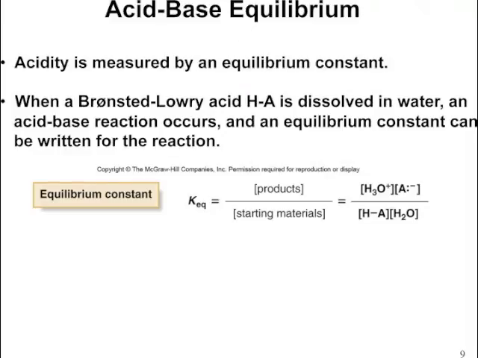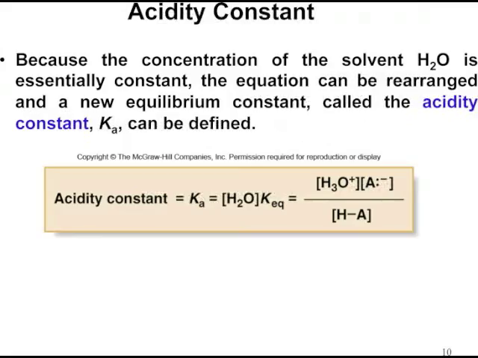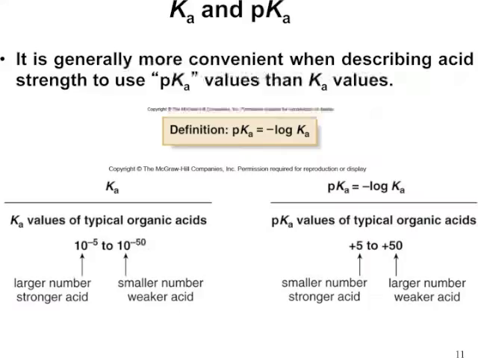The equilibrium constant Ka is defined as the reaction products divided by the reaction starting materials, and if we multiply Ka with the concentration of water, which is 55.2 moles per liter, then we arrive at the acidity constant Ka, and the pKa is a negative decadic logarithm of Ka.